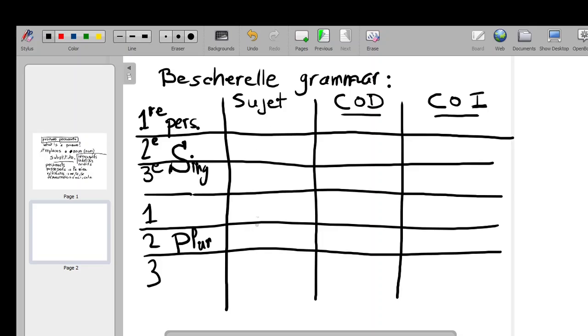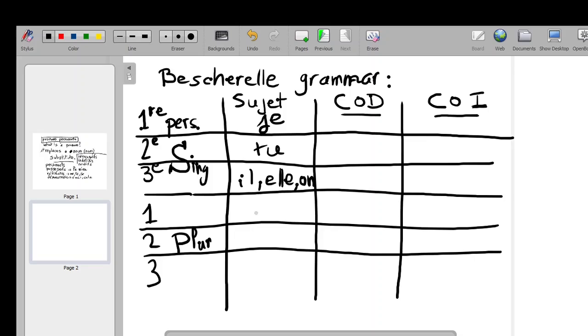So let's do this first column. La première personne, it's basically, if you do like the conjugations, that's what you see. So you see je, tu, il, elle, and you can even add on. So on is neutral, but it's always referring to a person.